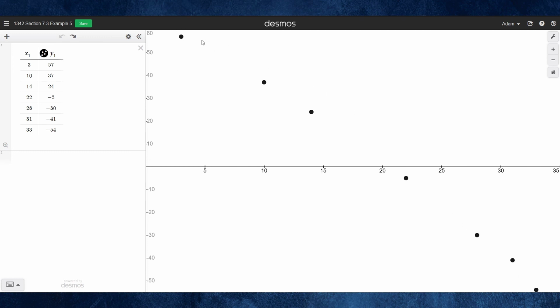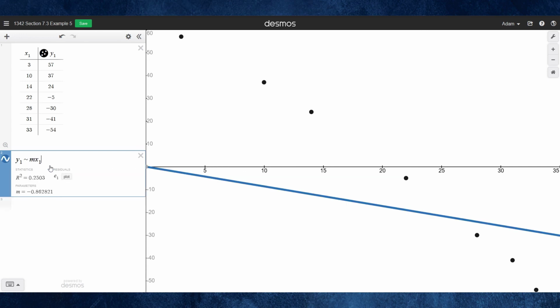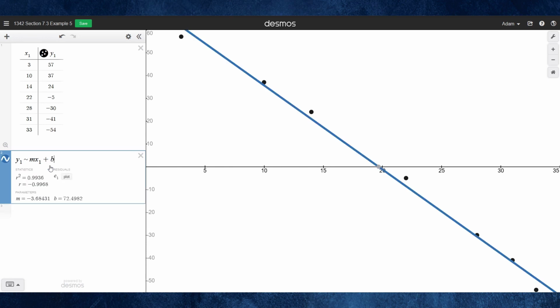Now if we want to come up with a correlation coefficient and best fit line using Desmos, what we do is we click over here in a blank spot, we type Y1, and notice the 1 automatically is going to go down below. It automatically does that. And then I push this little curly line here on the keyboard, that's called tilde, and I do mx1 plus b.